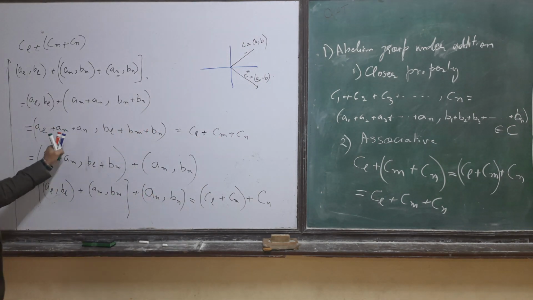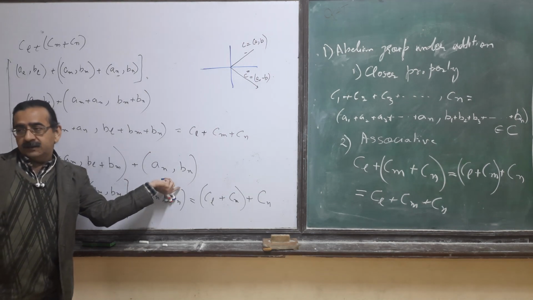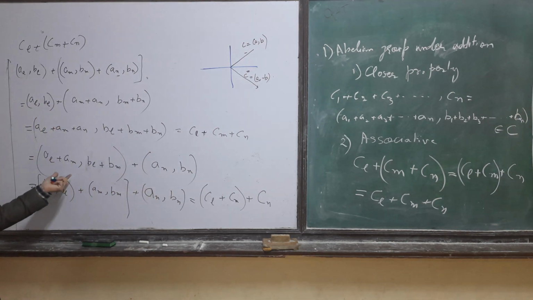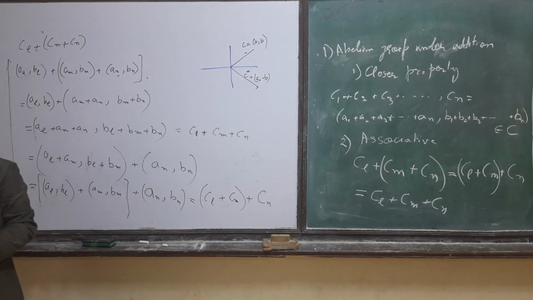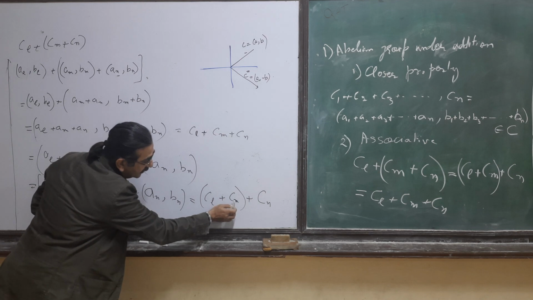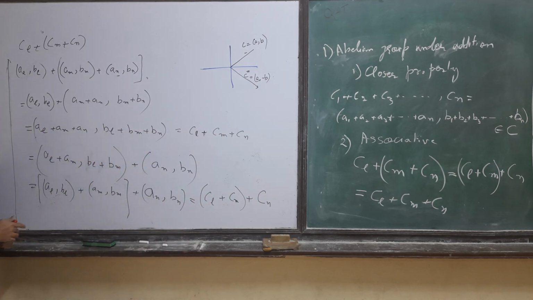Then I separated it because this becomes the result of this. Yes, we need this step because this represents the Cl plus Cm. All steps are very necessary. You can't ignore any step.